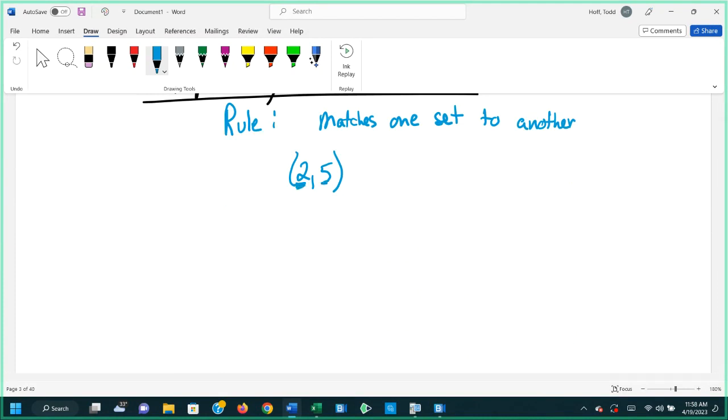Now that's only for one item, so we'd like to have rules that match more than one item, and we'll get to those in a little bit. Now you might have heard in your other math classes something called a function. A function is just a very special type of relation that meets certain qualifications.